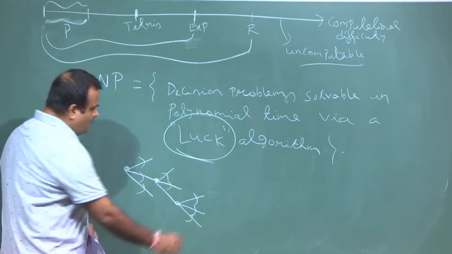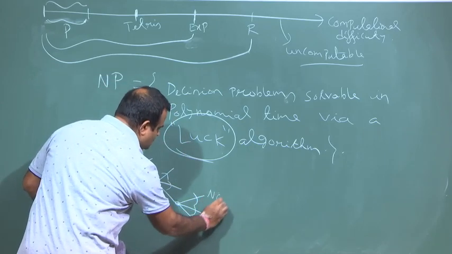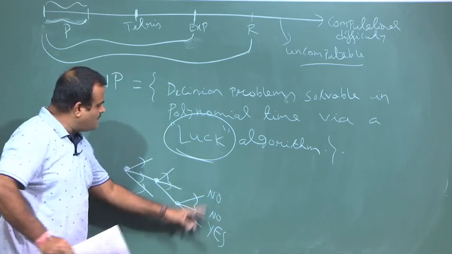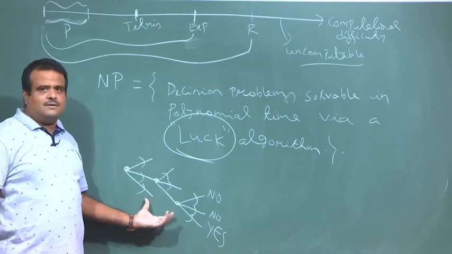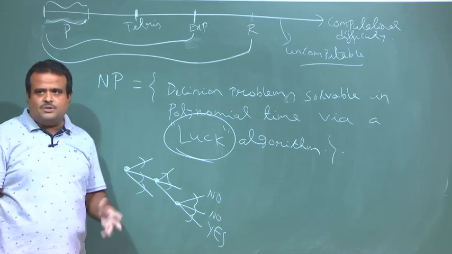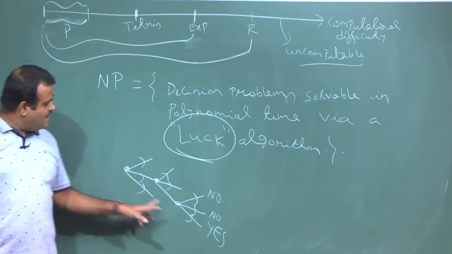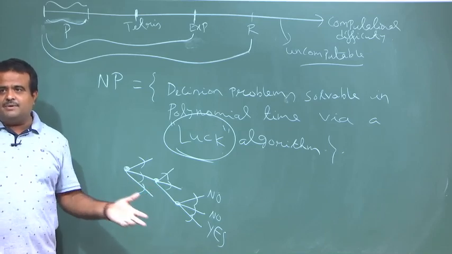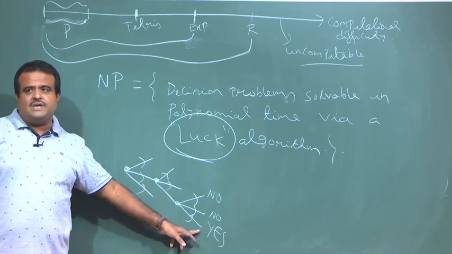Now suppose this is a decision problem where this is a no, this is no, and if we have a no everywhere, then whatever move we take, whatever path we choose, the decision will be no. But if there is a yes, then every time we choose a path, and that is magic, we choose the lucky path that will lead us to yes.